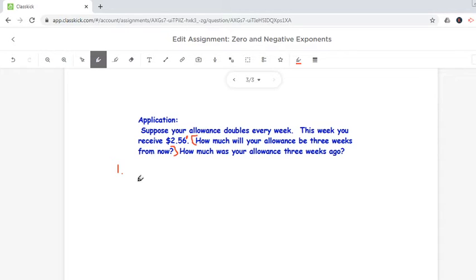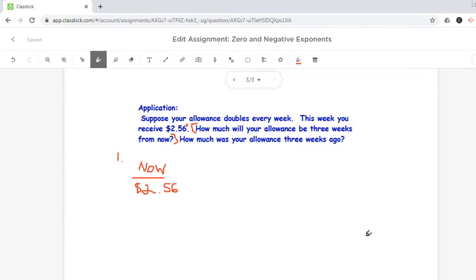So we have now, and now it is $2.56. Then 1 week from now, what is it?